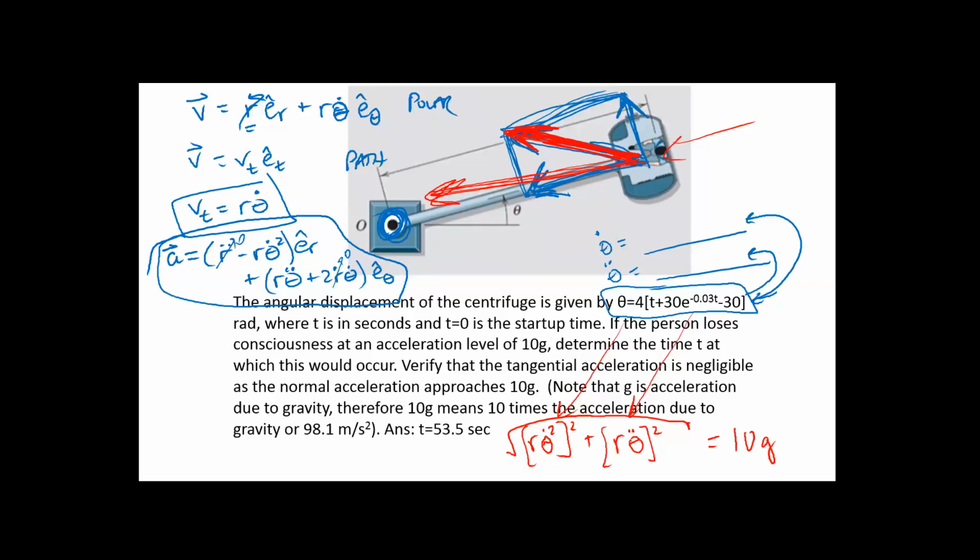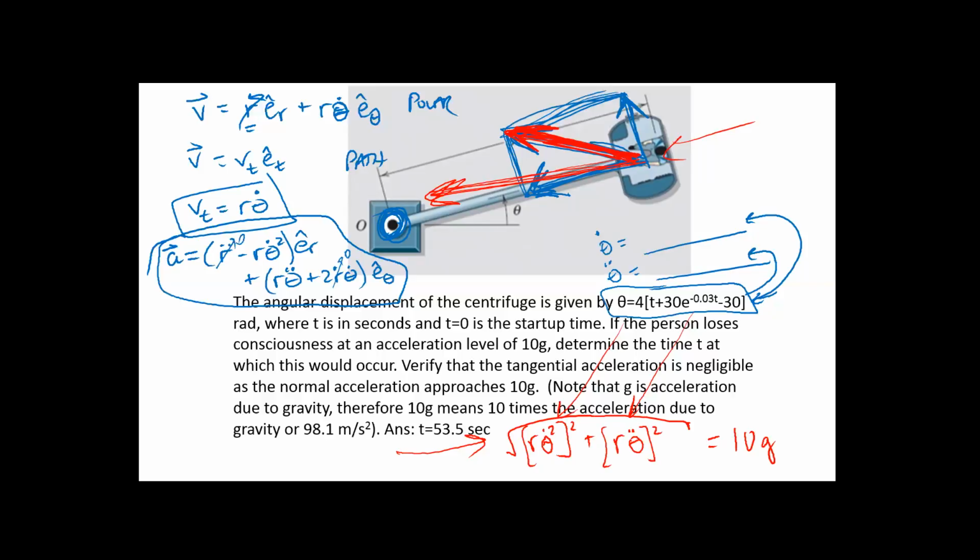Then you could have another column for r theta dot squared, another for r theta double dot squared, and a final column for this square root thing. Do you follow what I'm saying? That's what you're really going to do more as engineers: model stuff, and use MATLAB and Excel and Python to look at things and parameterize them.